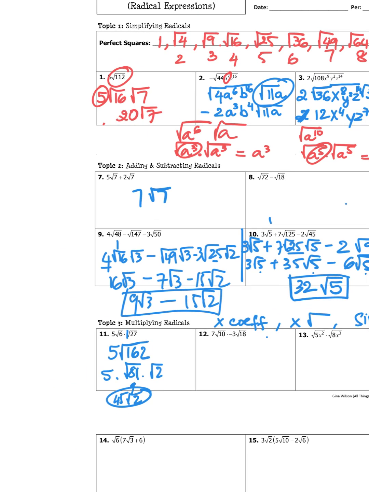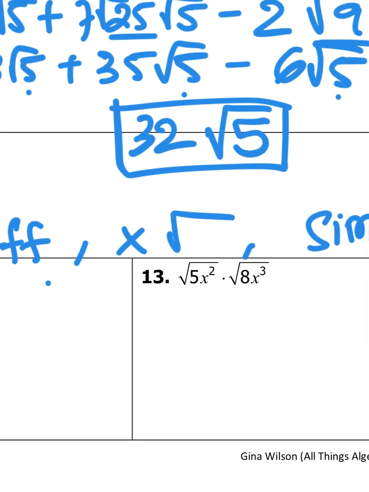Alright, I'm going to find something with exponent. For example, number 13. There's no coefficient, so I don't need to multiply. And then I'm going to multiply the numbers inside of the radicand. So I have 5 times 8 is 40. x2 and x3 is x6.